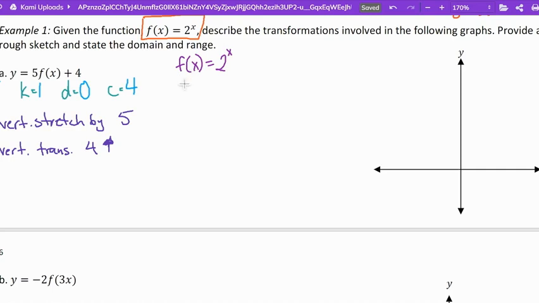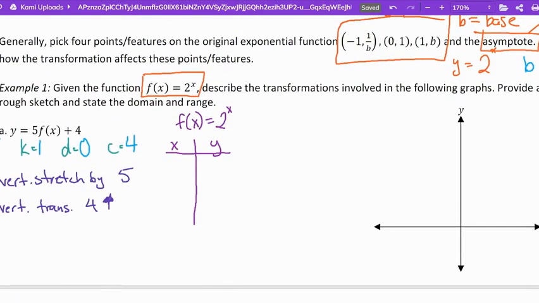So let's first make a table of values of the original parent function. Well, what points do I use? Well, I go back to this box. In this case, what is my b value? 2, right?